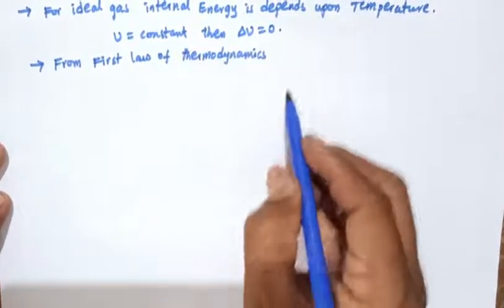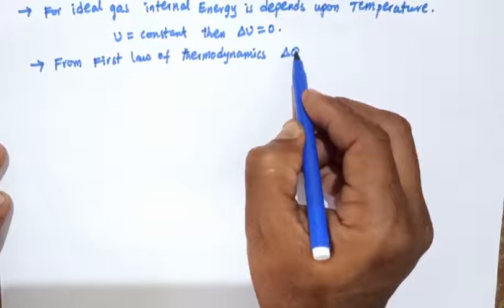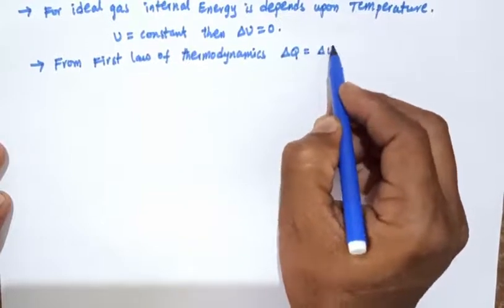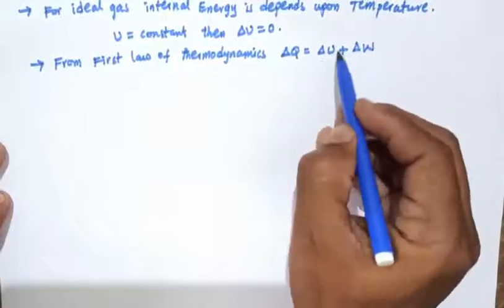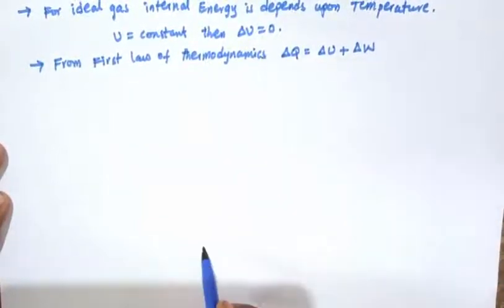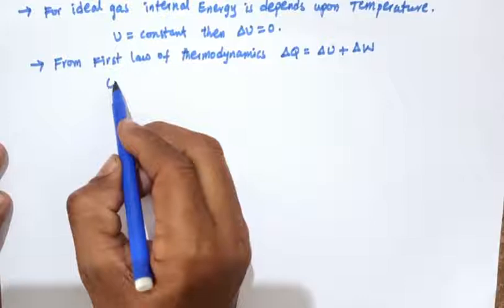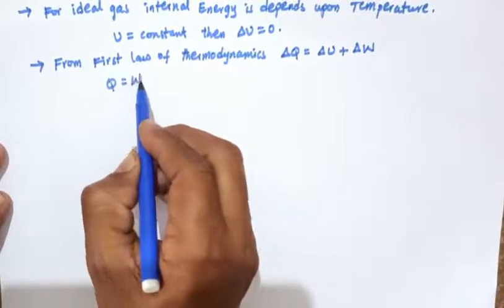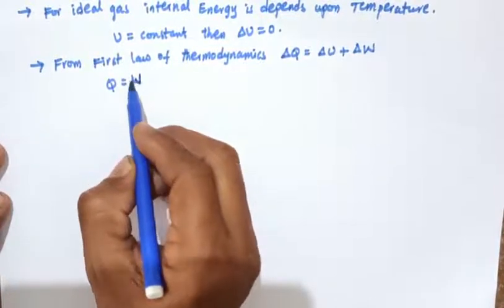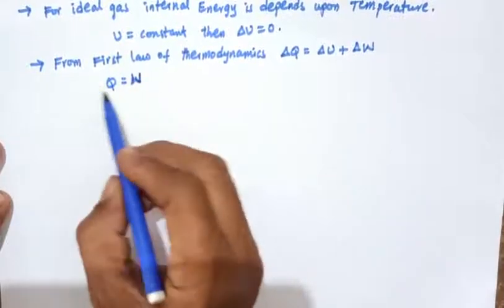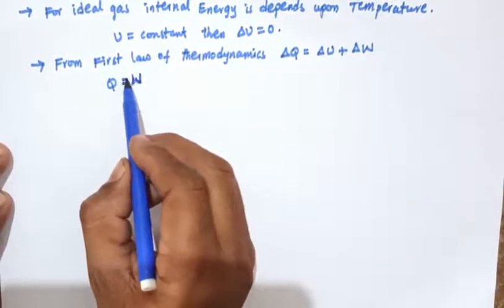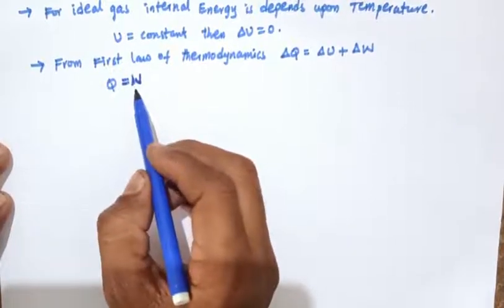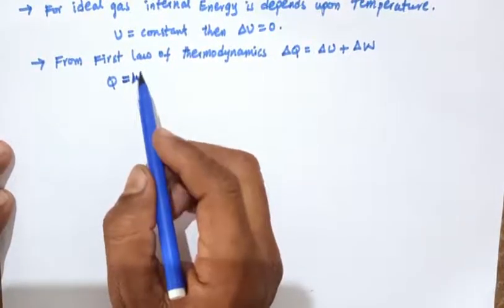Delta Q equals delta U plus delta W. Here the delta U term is 0, so Q equals W. The heat absorbed by the system is converted into work done, the total work done.